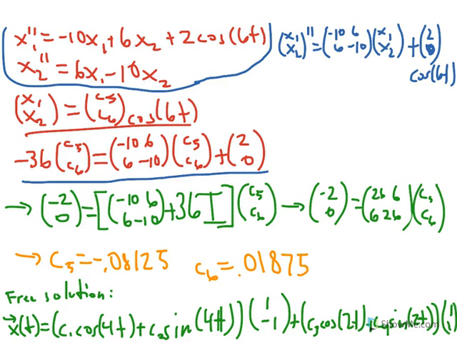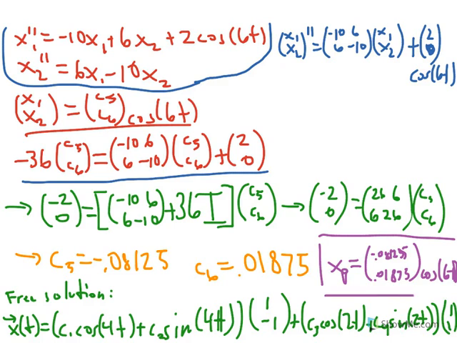And thus we have our particular solution now, which is x is equal to C5 and then C6 times cosine of 6t. This is our particular solution.